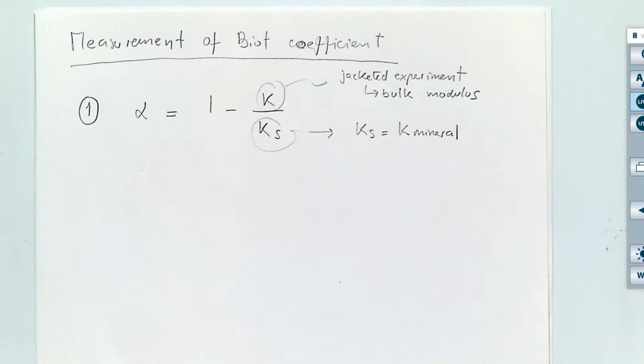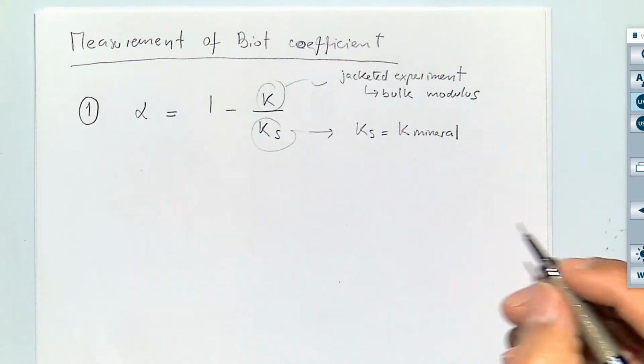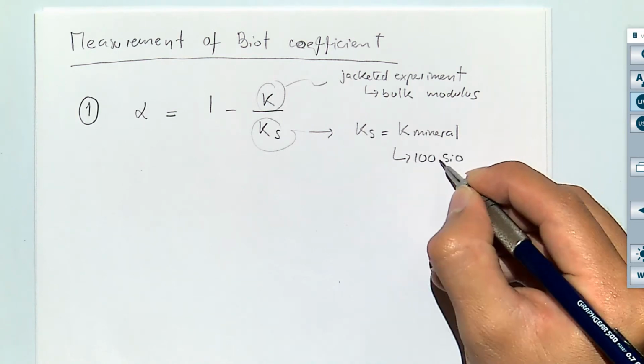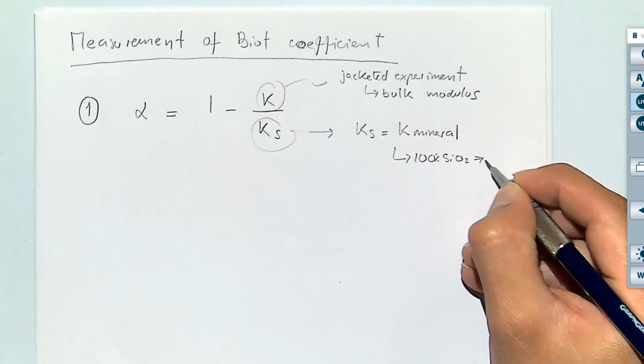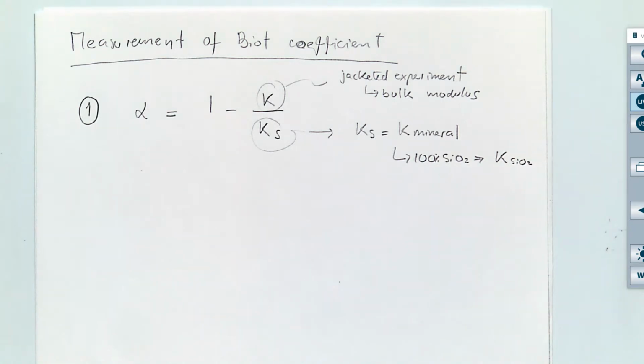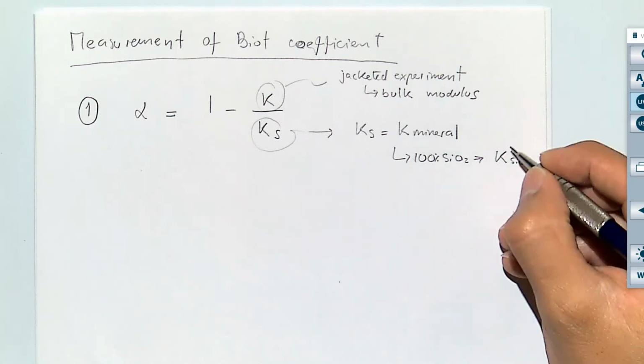For example, if you have 100% quartz, you may say just get the K of quartz. And you can find that in the literature. That's a value that is very well known. If I remember correctly, it's 38 or 36 gigapascals.